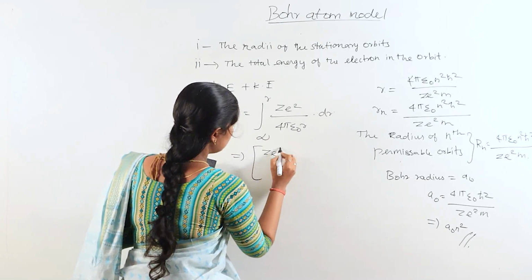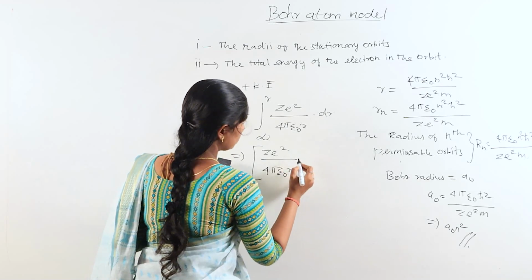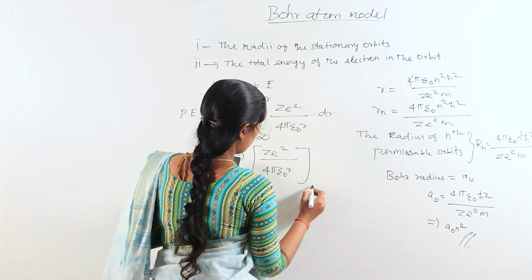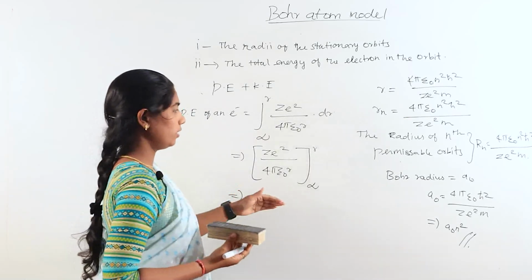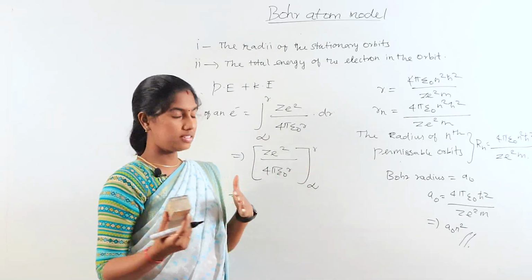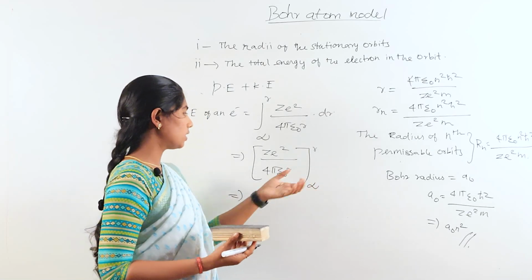So Ze squared by 4 pi epsilon naught r, from infinity to r. Finally, as I already told you, at infinite distance the value of potential energy should be 0. So the first term should be 0.